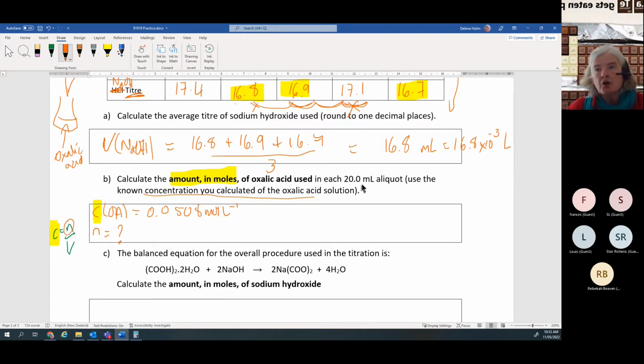And now you are given a volume. So always look at the question and you go milliliters. Milliliters is the unit for a volume. So that is a volume. But what do I need to do to the 20 milliliters before I can substitute into this equation? Can I just use 20 for volume?